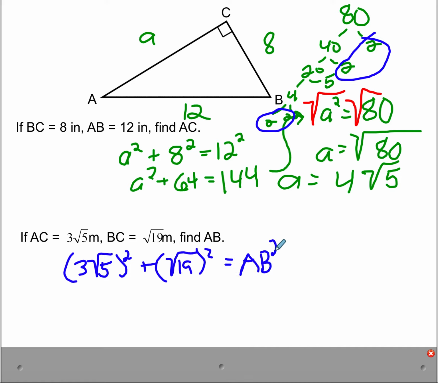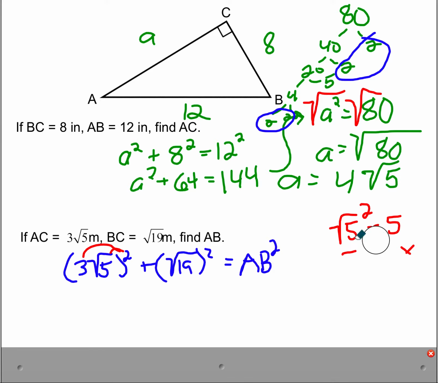Here's how this would work. I would need to square everything in here. So for here, I have to square 3, and I also have to square root 5. When I square something underneath the radical, so root 5 squared, all that happens is that the radical goes away. So root 5 squared is just 5. If it was root x squared, the answer would just be x.